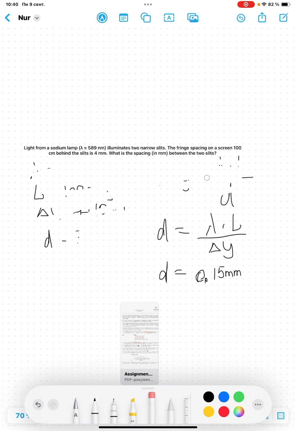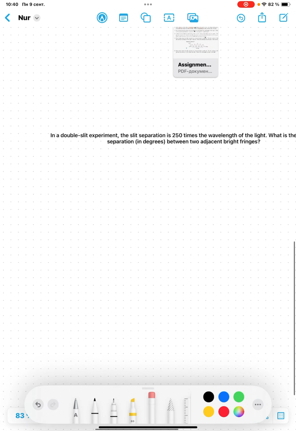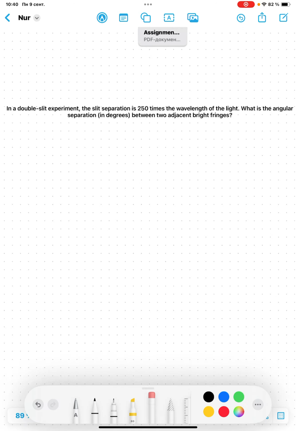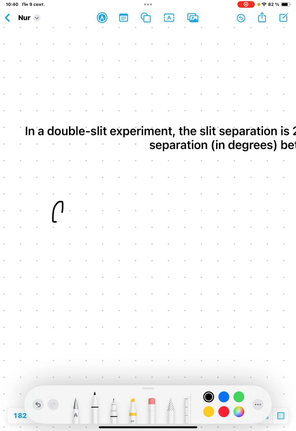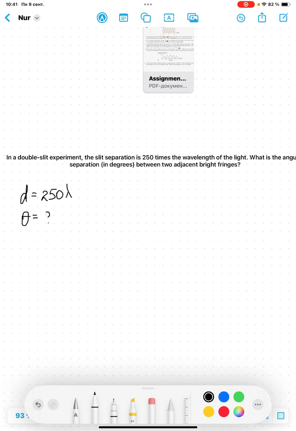In a double slit experiment, the slit separation is 250 times the wavelength of the light, and what is the angular separation in degrees between two adjacent bright fringes? Okay, I think that here we don't need to draw anything, because we already know d, so just give it as 250 wavelengths. And also we specified the separation in degrees, so we specified the degree.